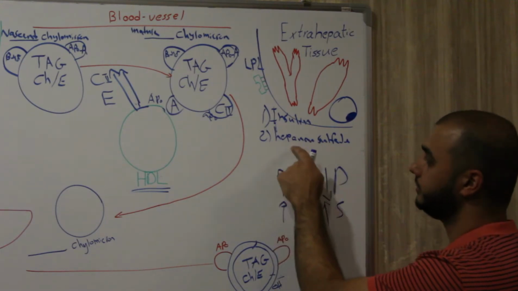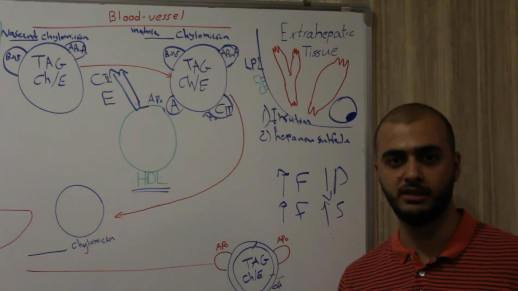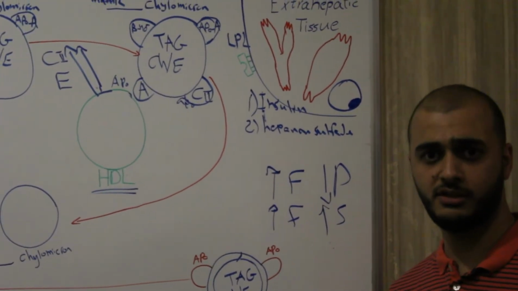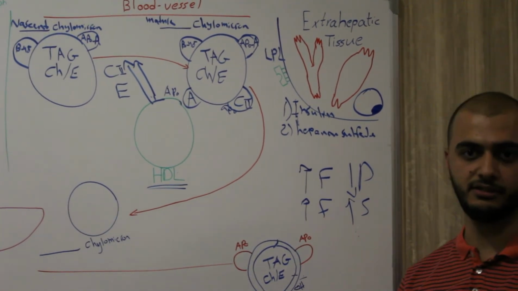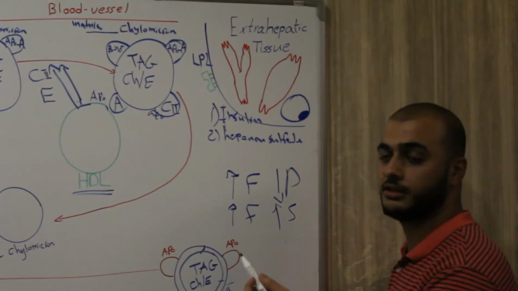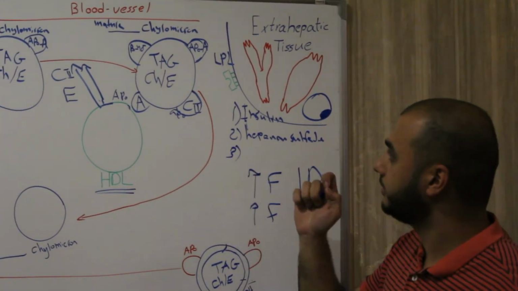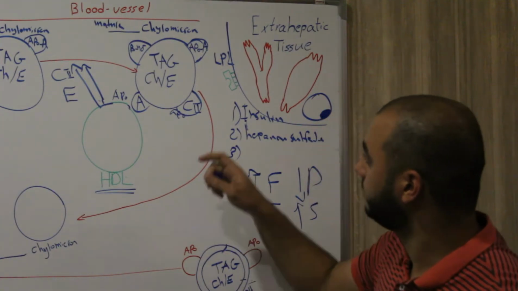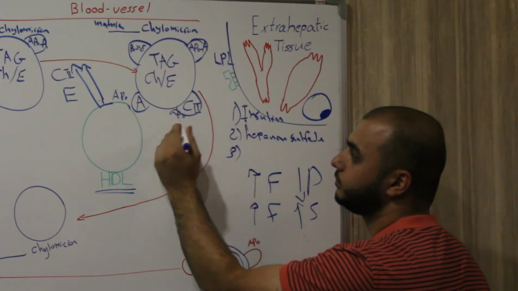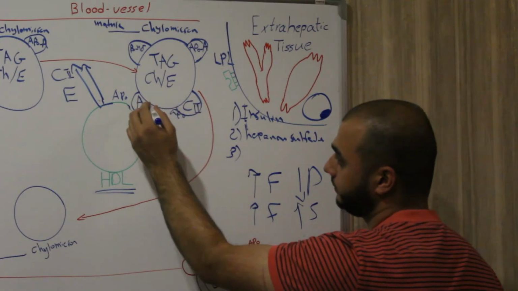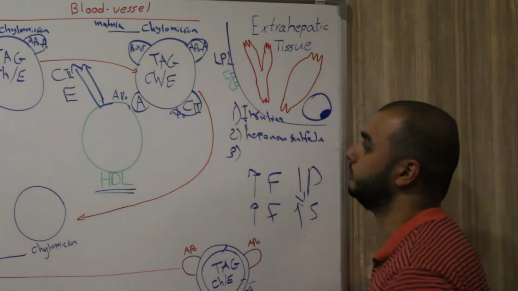So this enzyme is suspended by heparan sulfate, which is a type of glycosaminoglycan. There are a lot of types of glycosaminoglycan, like heparan sulfate, dermatan sulfate, keratan sulfate, and here it is heparan sulfate. Another point I want to highlight is that this enzyme is regulated by apoprotein C2 and also activated by apoprotein A, but mainly apoprotein C2.